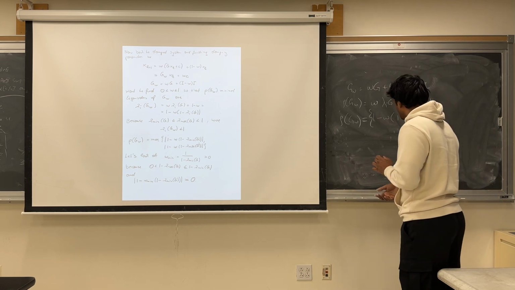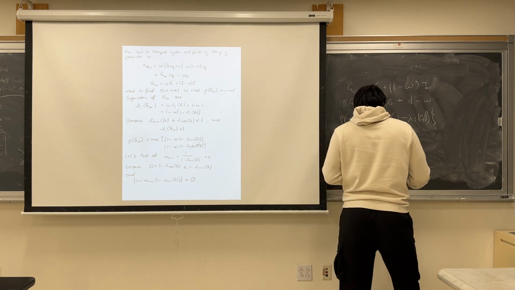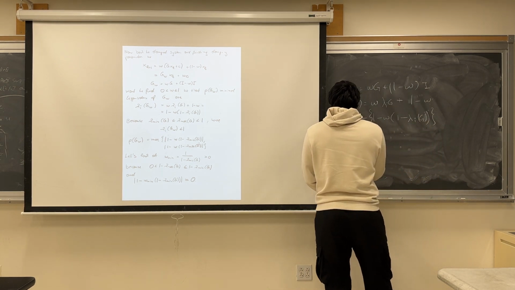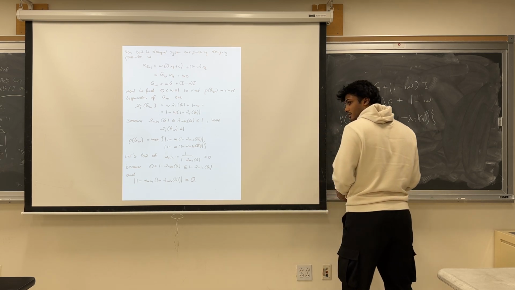Okay, let me try to plot this. What I want is that the modulus of G omega should be less than 1.